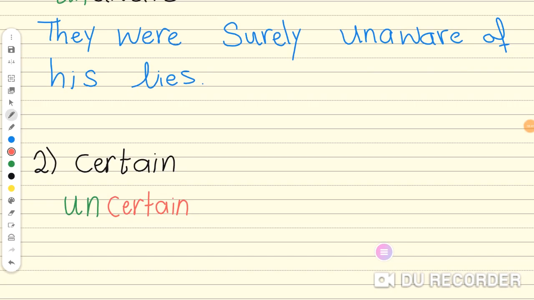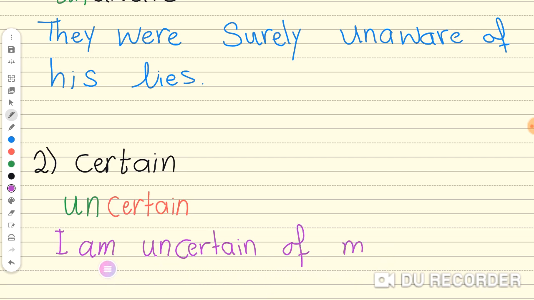So, the sentence: I am uncertain of my plans for tonight.